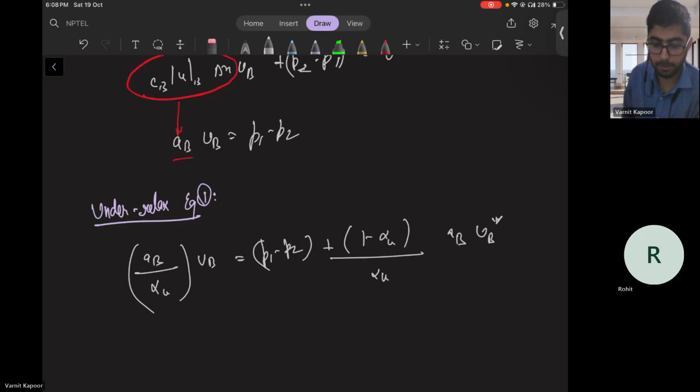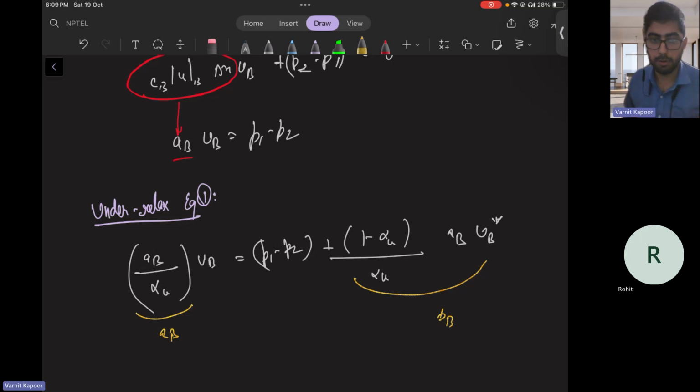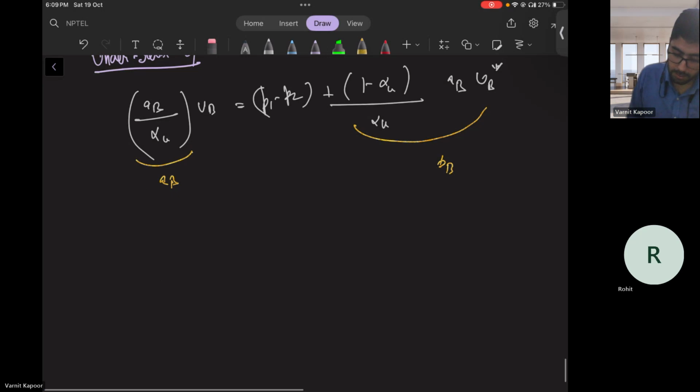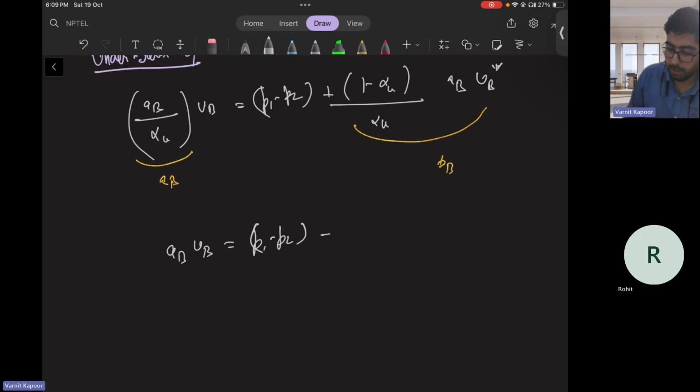So this is your AB term, and this whole term is the PB term. Okay, so your equation will look something like this. AB UB is equal to P1 minus P2 plus PB.